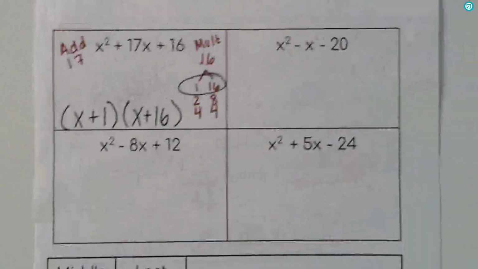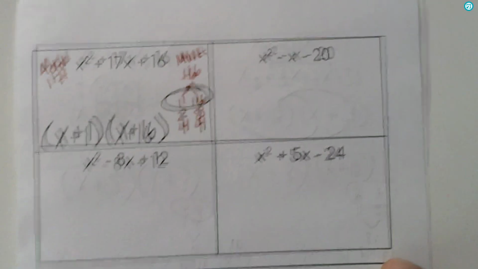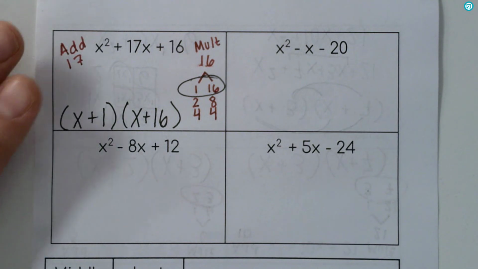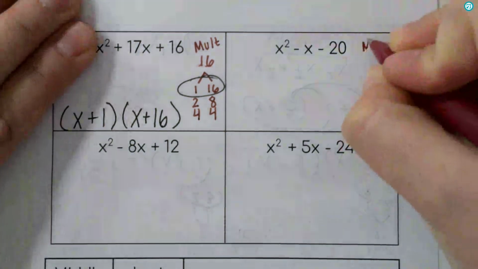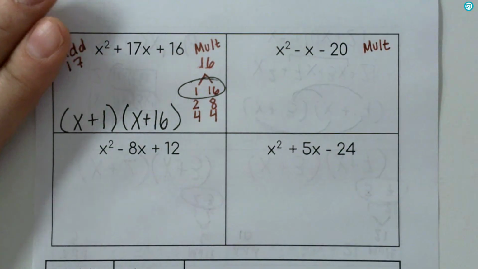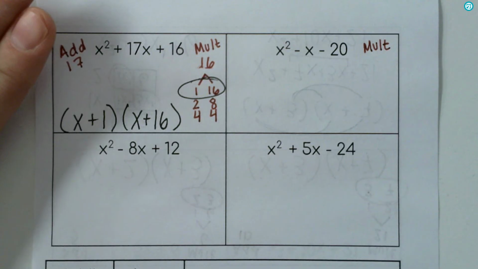Okay, this next one is a little tricky, but not once you figure it out. Okay, take a second and think. Don't shout it out yet. Take a second and think, what are we trying to multiply to? Shh, don't shout it out yet. Okay, give everyone a second to think.